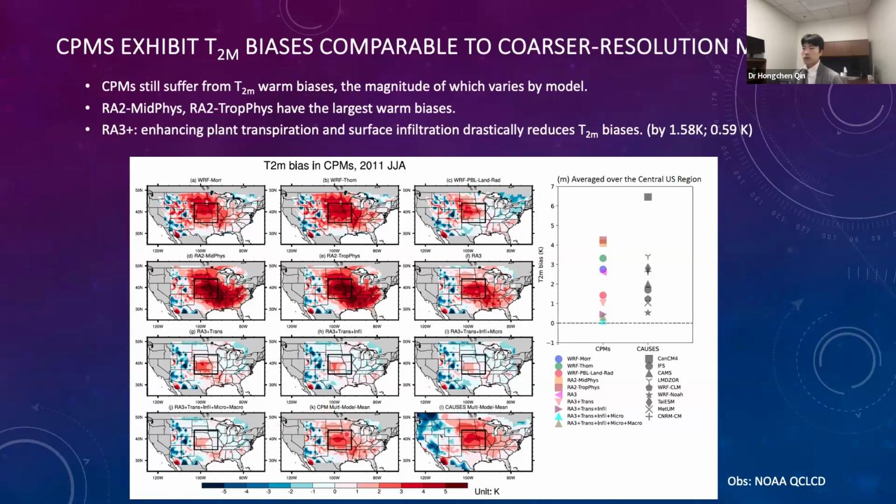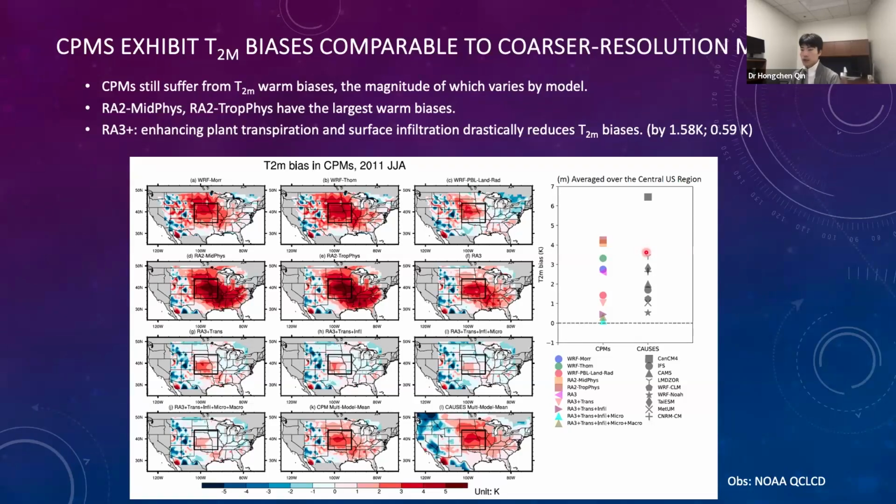The lower middle panel is the multimodel mean of CPM simulations. The lower right panel is the multimodel mean of coarse-resolution climate models. We also average over the central US black box there. The colored markers represent different CPM simulations, and the gray markers represent coarse-resolution climate models. The observational benchmark is from NOAA quality-controlled data.